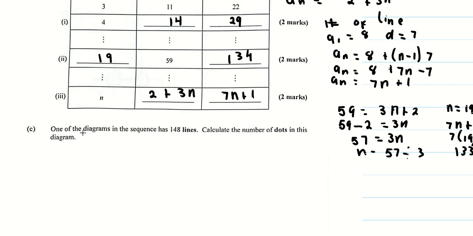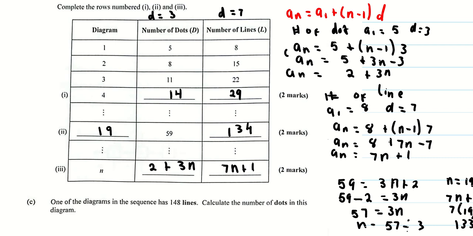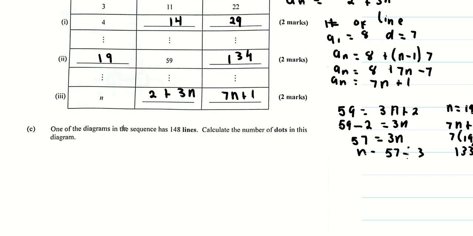Let's read the last question. One of the diagrams in the sequence has 148 lines. Calculate the number of dots in this diagram. So we know that the formula for number of lines is 7n plus 1. So we want to find out what is n, and if we find out n, we could calculate how many dots. Alright, so 7n plus 1 is equal to 148.